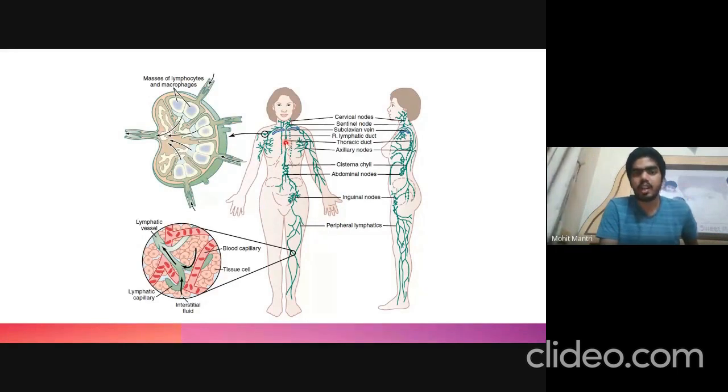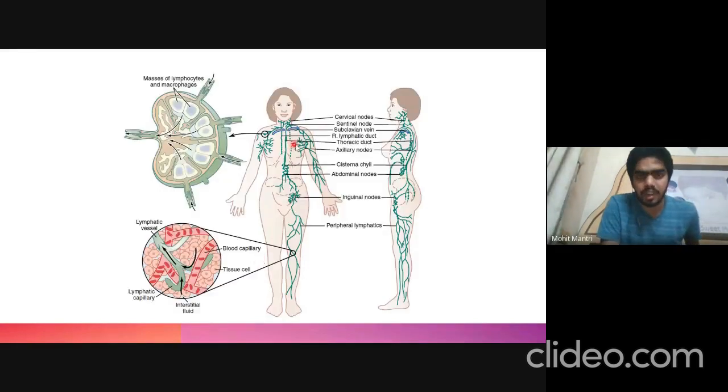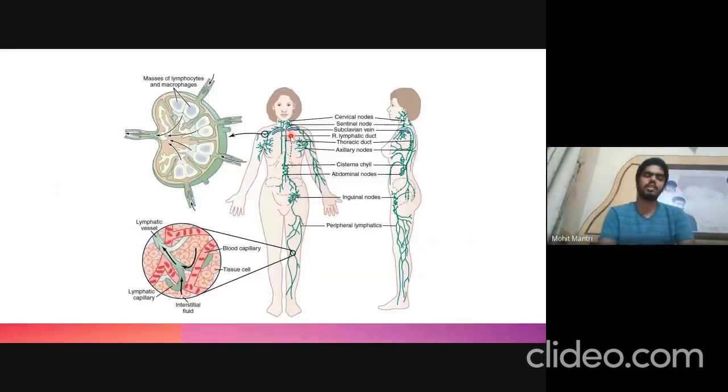From there, it will reach the heart. Sorry, not directly inside the vena cava. It will release the lymph into the jugular vein and subclavian vein, and after that inside the heart.